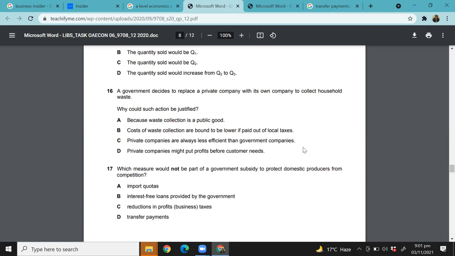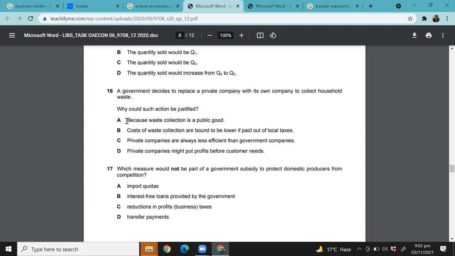Did you not get the question, or one of the options? The question is saying the government decides to replace a private company. So think about this. There was a private company that was previously collecting trash, right? And now the government has taken responsibility for that.